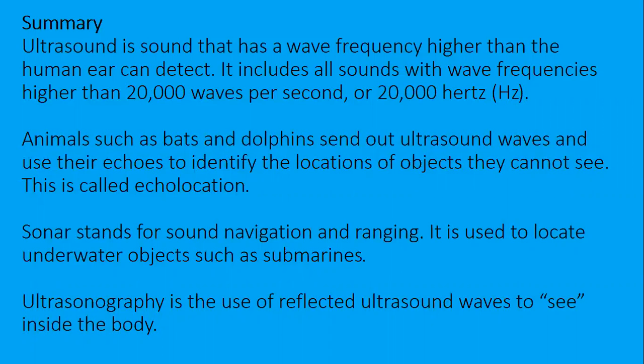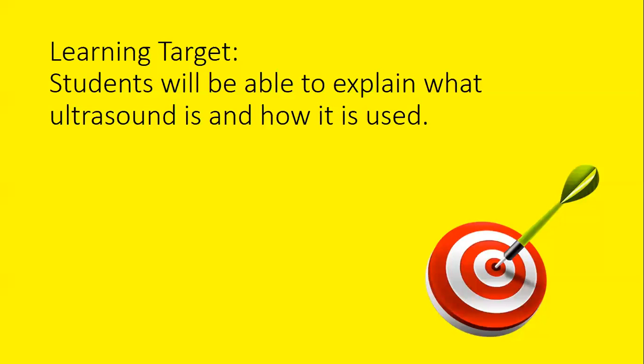This is called echolocation. Sonar stands for sound navigation and ranging. It is used to locate underwater objects, such as submarines. Ultrasonography is a use of reflected ultrasound waves to see inside the body.